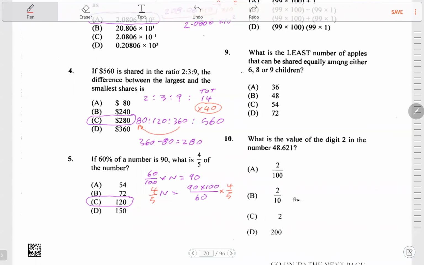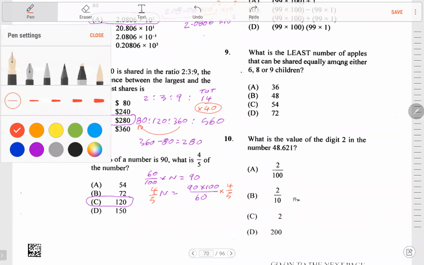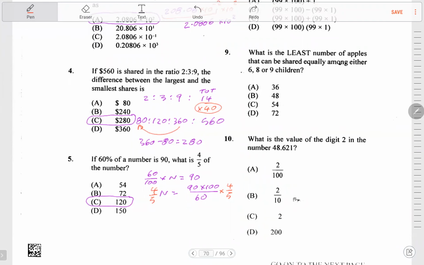So we just simplify it down, take your time, and the answer is 120. Let me simplify it down. 5 into this is 1, 5 into this is 2, 2 into this is 1, 2 into this is 3, 3 into 90 is 30, and then 30 times 4 is 120.